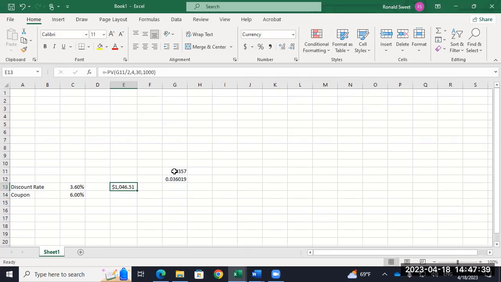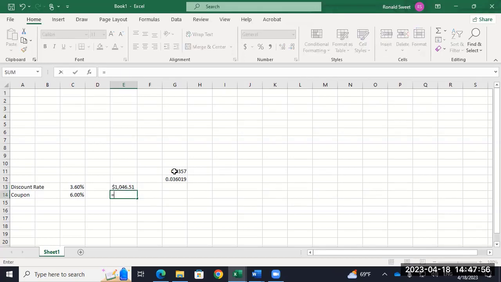I saw 1046. Did someone actually get it? I thought one team had it, team 4. Where's team 4? All right, that looks pretty close.